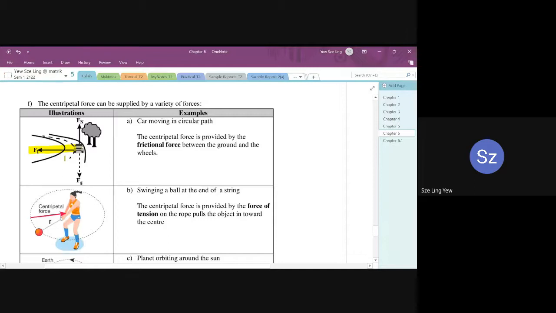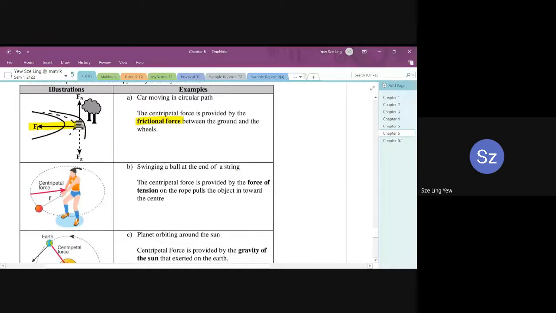It is the force that keeps your object moving in a circular motion. So in this case, we let Fc point towards the center. We'll go through the equations one by one after this.